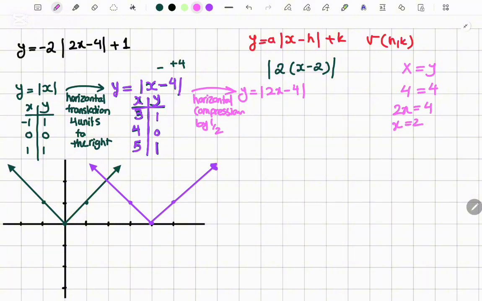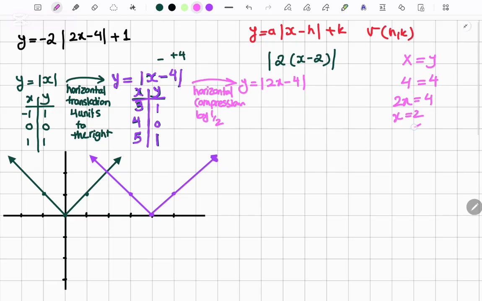So you need a smaller number for x to get the same y. So it's like you're increasing the speed of the x's. So with x is equal to 2, you're going to get the same y. So it's actually like I'm horizontally compressing my graph, and you're going to see it in the figure as well.